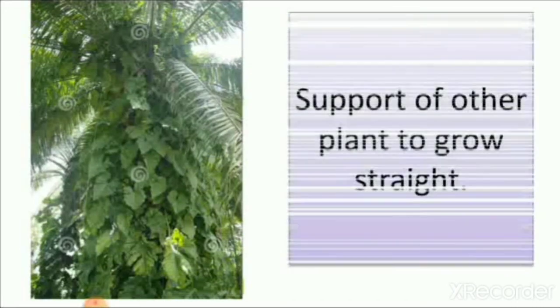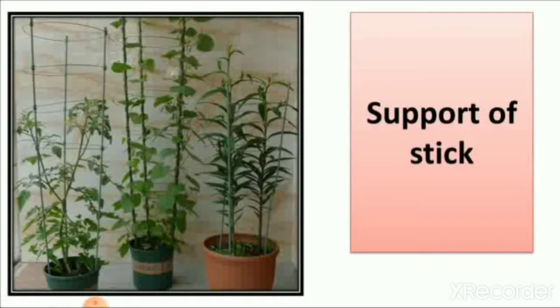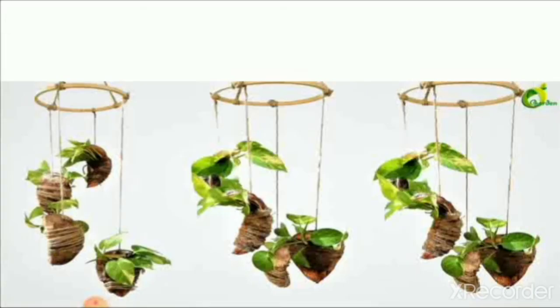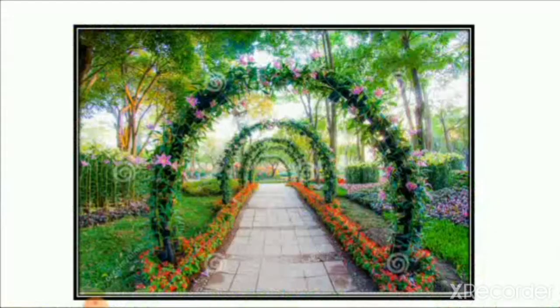We learned all these things yesterday. You can see one coconut plant which gives support to another plant. It is a climber. Support of stick, when we grow a climber in our home, we support it like that. Then with thread, we see the picture of some gardens which show us how climbers grow on support with their shape.